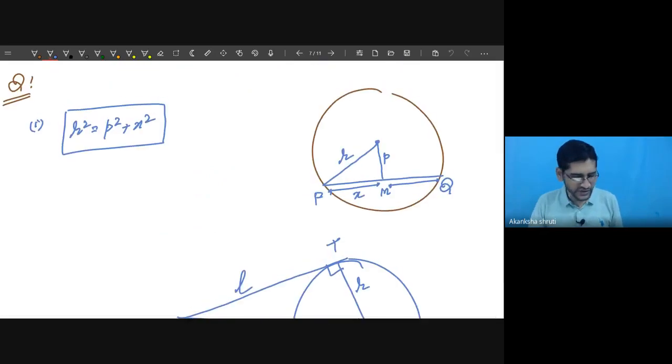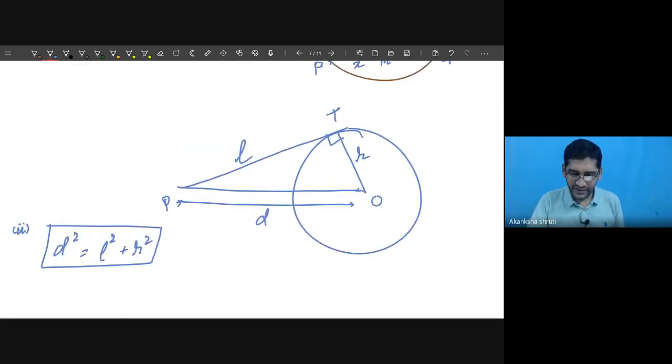The other Pythagoras theorem relation can be for the single circle, in which the chord, radius, and distance of the chord from the center are given, or for the tangent, the distance of the point from the center and the radius.